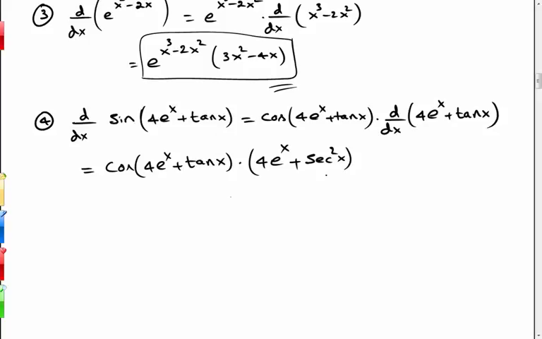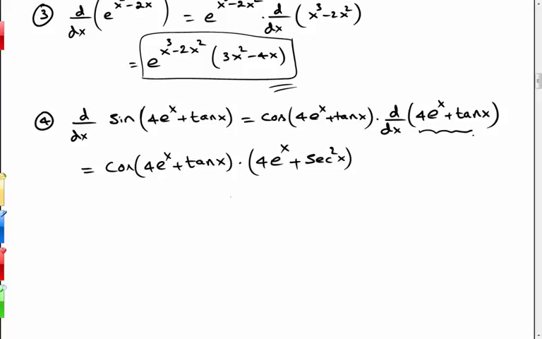Maybe I'll go ahead and state this one. You do remember that the derivative of a sum is equal to the sum of the derivatives, right? Why do I say that? Notice we have a sum here, 4 e to the x plus tangent x.